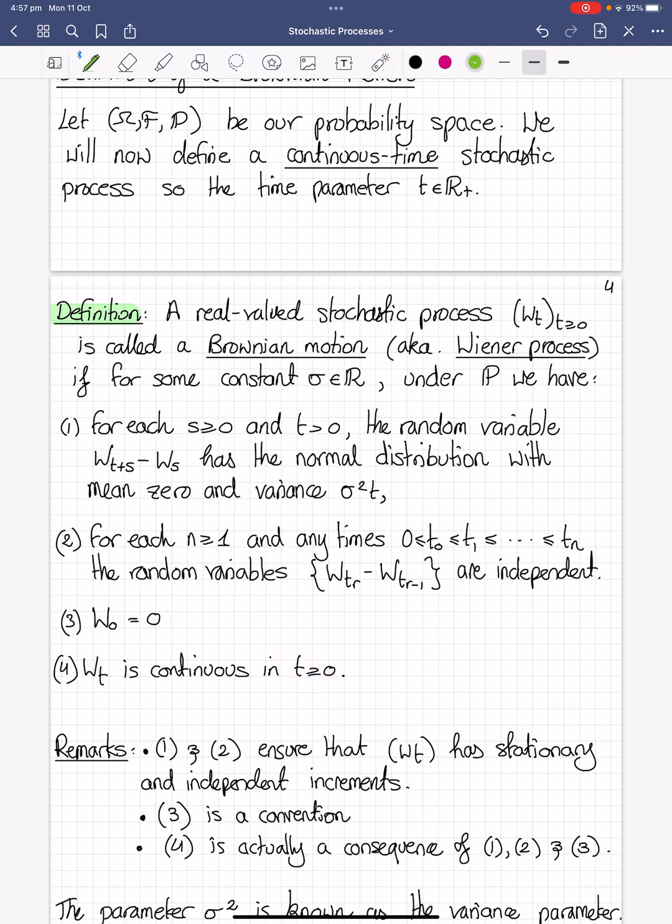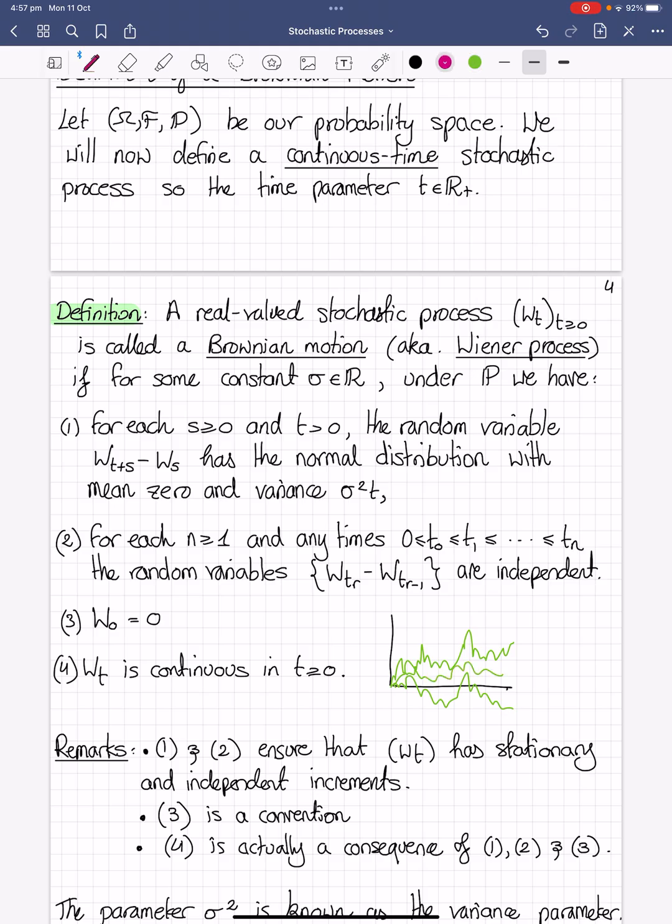What that means is that you can draw a Brownian motion without lifting your pen. It's a random process which doesn't have any gaps in its path. That would be one path, that could be a different path, and so forth.